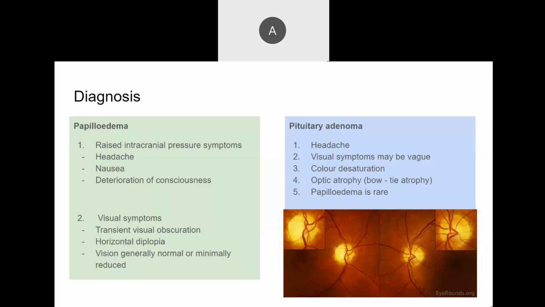Tapi sebab dua-dua optic nerve dah impact, jadi sometimes you tak boleh dapat RAPD, sebab RAPD you need satu mata teruk, satu mata okey. Kalau dua-dua sama teruk, then you can't get RAPD. Lepas tu color desaturation, yes, sometimes you may get dua-dua mata color desaturate, tapi susah nak dapat.